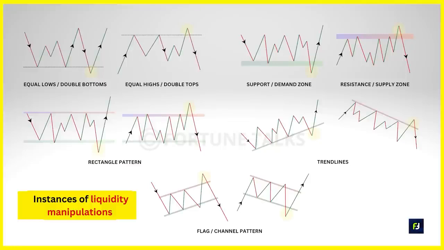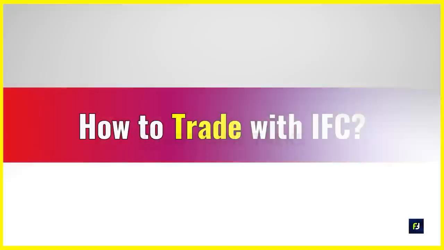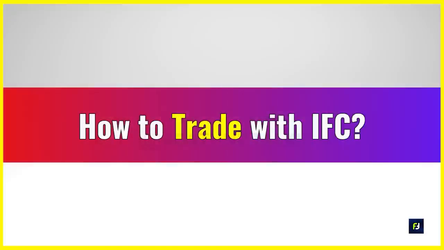And in most cases, within these manipulations, you can spot institutional funding candles, which go deeper to grab the retailer orders. So what I mean to say is that IFC is a very common manipulation type that you can find on the charts. Now let us learn in detail how to trade with these institutional funding candles.